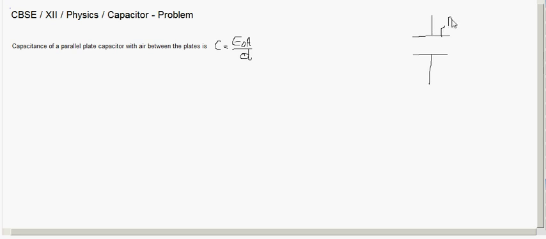This equation holds good when the region between the plates is filled with air or vacuum.